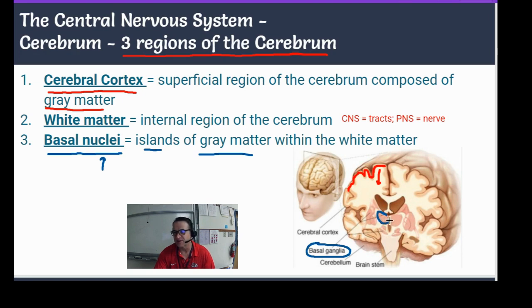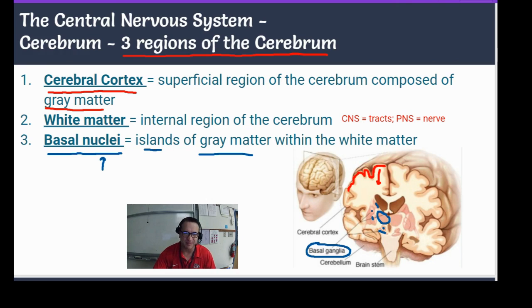So these are all different parts of the basal nuclei or basal ganglia. You got the caudate nucleus over here, the putamen, globus pallidus, substantia nigra, subthalamic nucleus right here. We're going to go over all those, so you don't need to know those right now. But just know the basal nuclei are clusters of cell bodies located deep within the cerebrum.